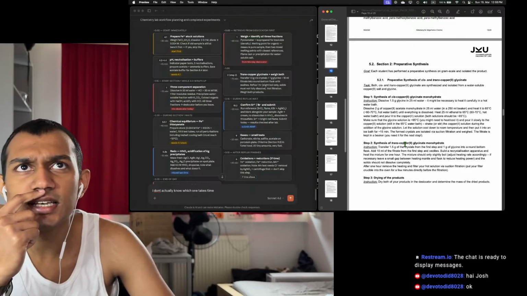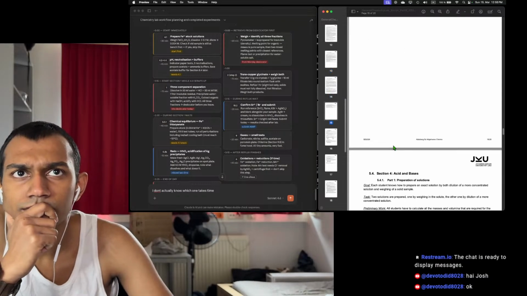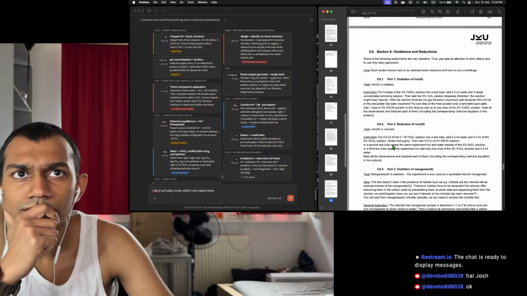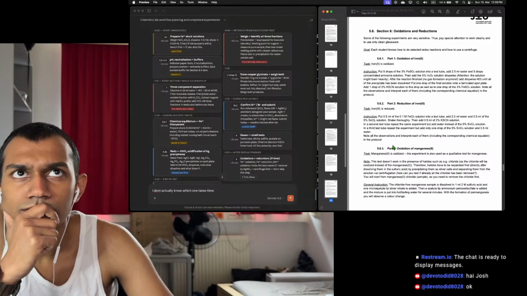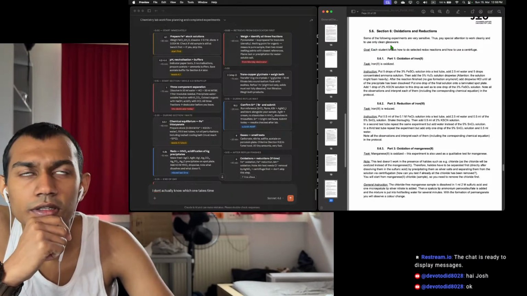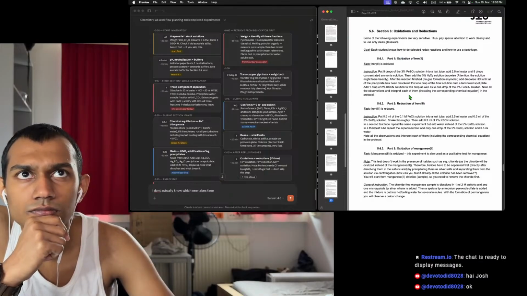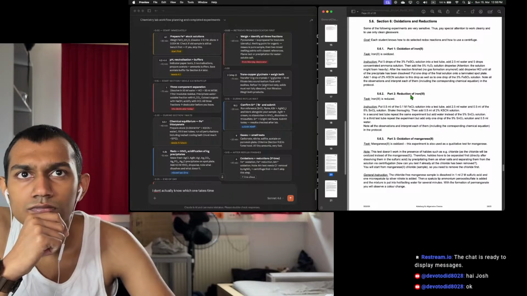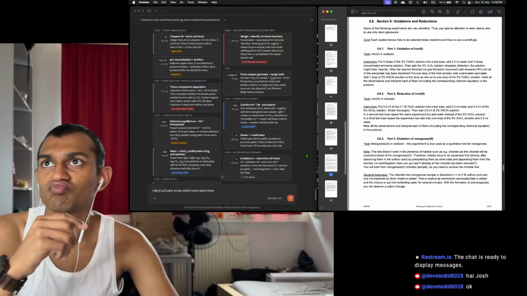That's section 6. Some of the experiments are very sensitive, thus pay special attention to the word cleanly and use only clean glassware. Okay.